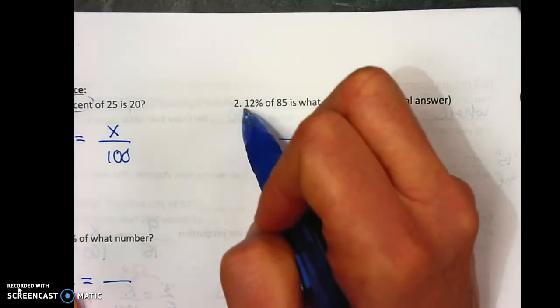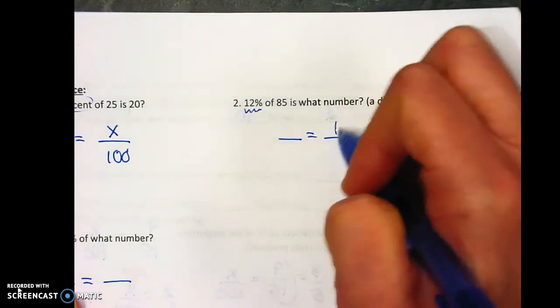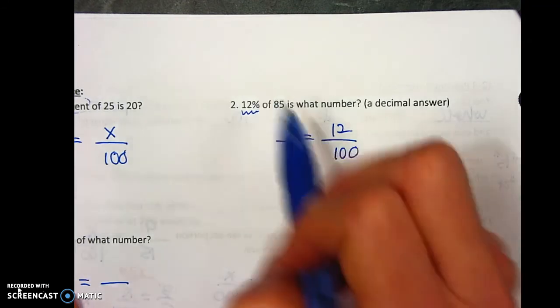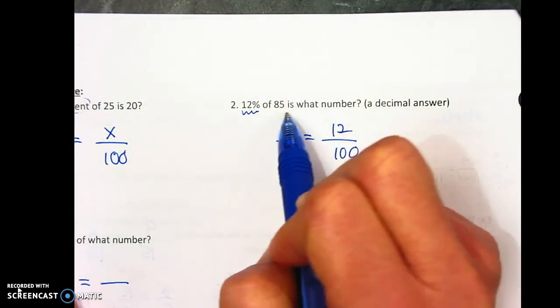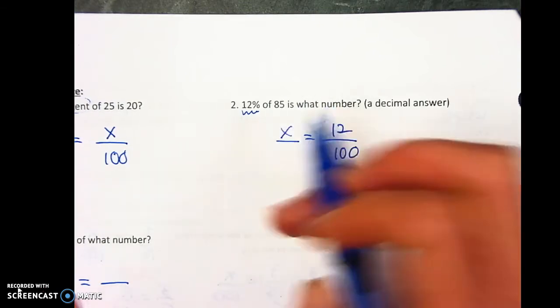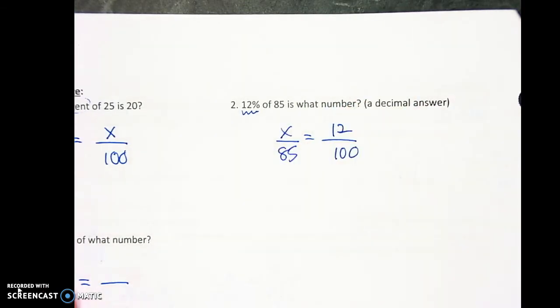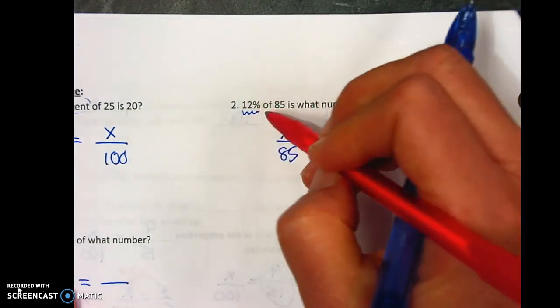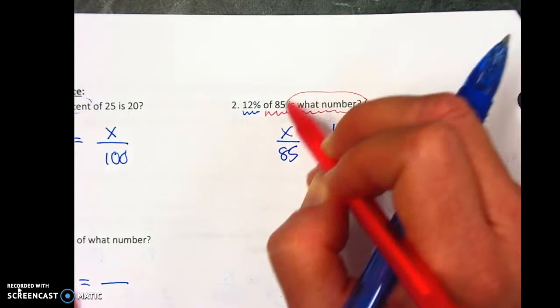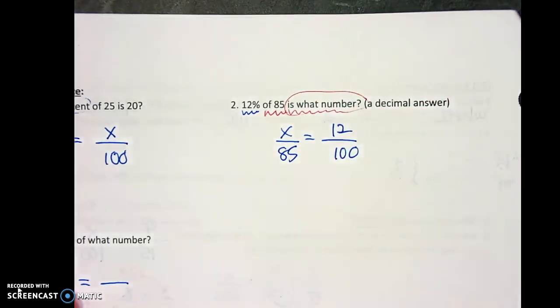I see 12%. I always get excited with that because that tells me that's 12 over 100. One of my unknowns has been decided. 12% of 85 is what number? Well, I know I'm looking for the part. I don't know the part out of the whole 85. And again, we see that word of as a clue, and is my unknown from my numerator.